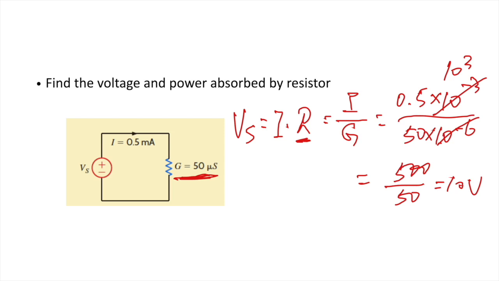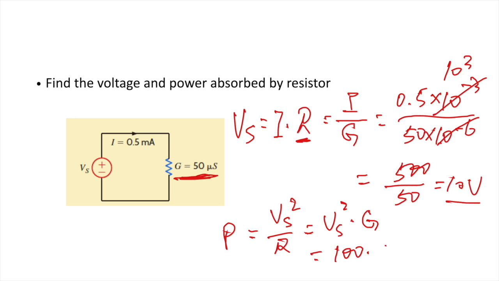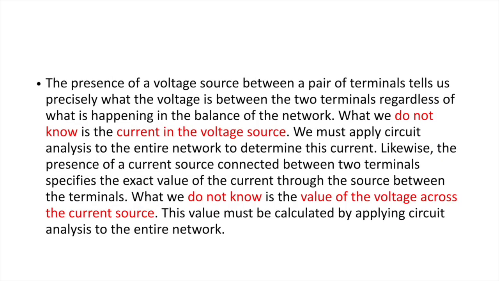We can also calculate the power: power equals Vs squared over R, which equals Vs squared times G. By plugging in the numbers, Vs is 10, so that is 100 times G, and this gives the answer for this example.